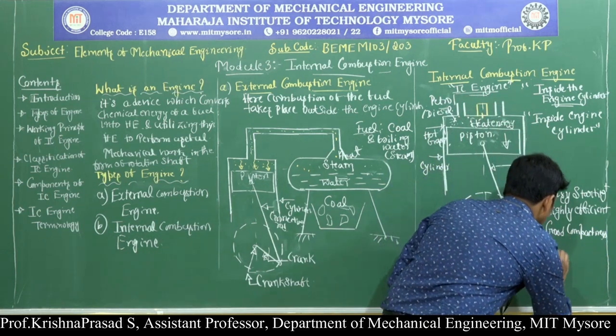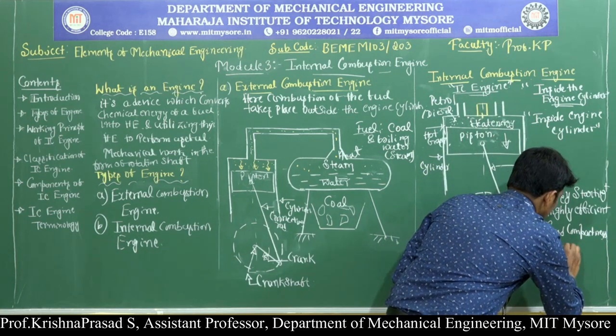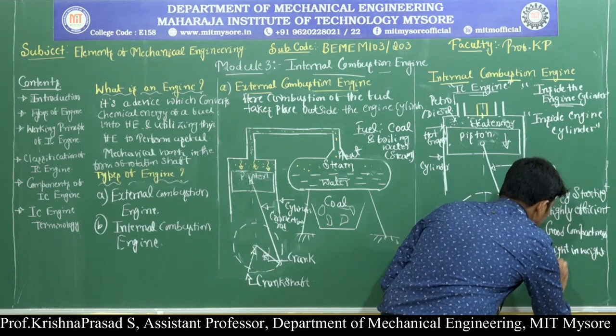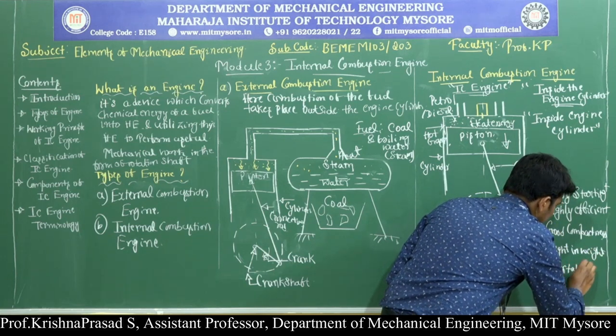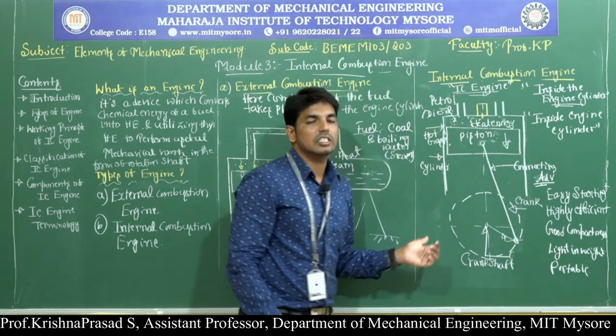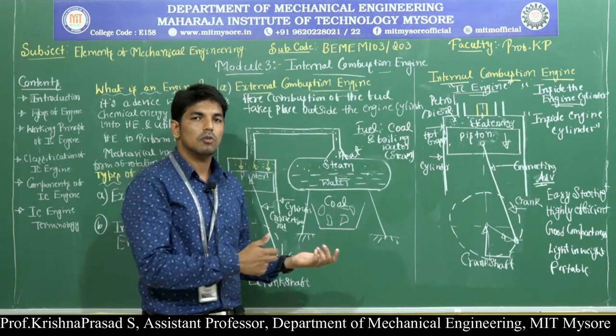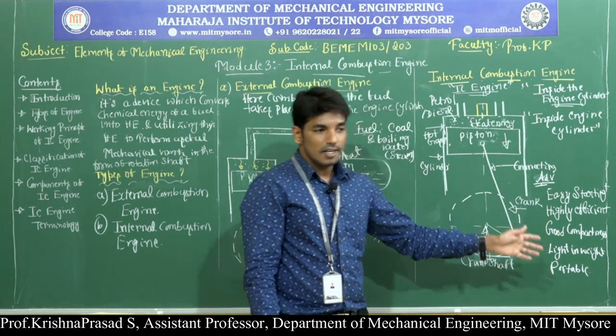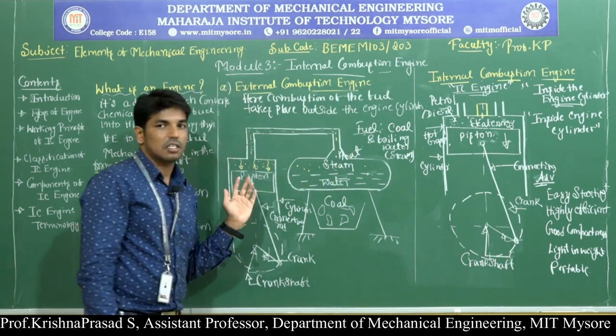Then light in weight and portable. The internal combustion engine can be taken from one place to another place, that is called portable. So these are some of the advantages of the internal combustion engine over the external combustion engine.